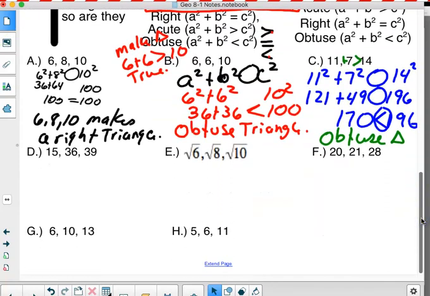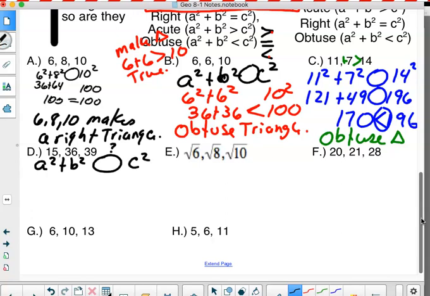All right, you guys try D. Turn me off, turn it back on. Okay, welcome back. So remember, I'm doing a squared plus b squared, wondering if it's greater than, less than, or equal to c squared. So 15 squared plus 36 squared, and I got 39 squared. So those are the numbers I'm running.